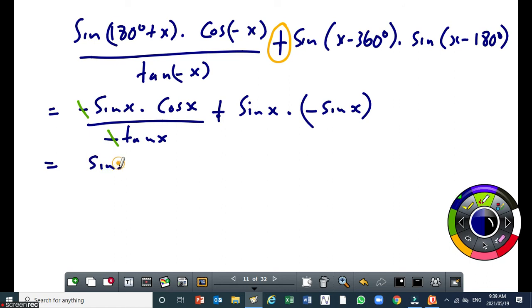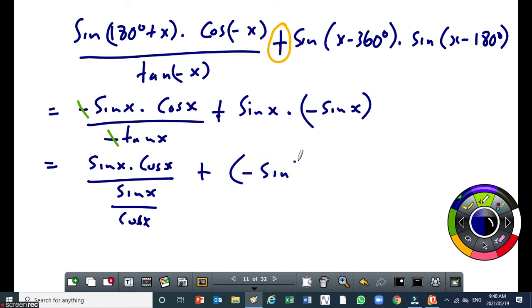So we end up having sine x times cos x, all over sine x over cos x plus, in actual fact, sine x times minus sine x will give you a negative sine squared x. This sign here we're going to change from being positive to what? To negative. Do you see that?